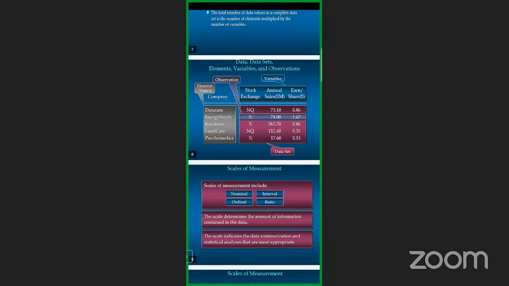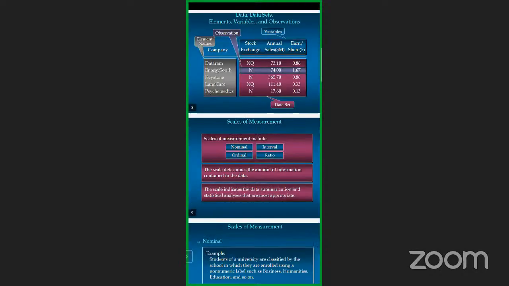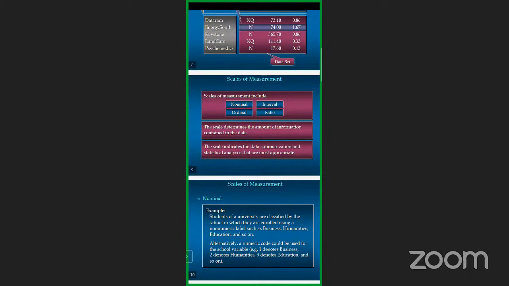Students of a university are classified by the school in which they are enrolled using a non-numerical label such as business, humanities, education, and so on. Or else a numerical code could be used for the school variable. For example, 1 is denoted for business, 2 for humanities, 3 for education, and so on.